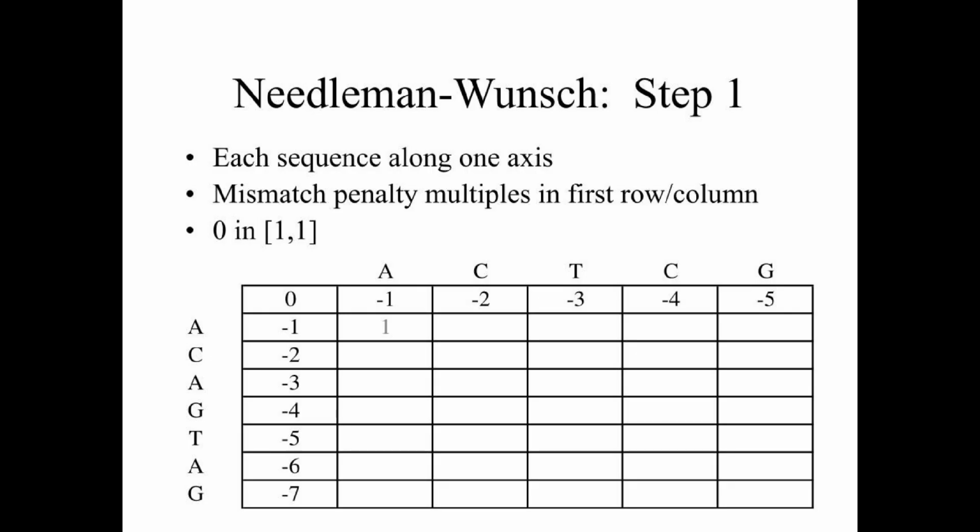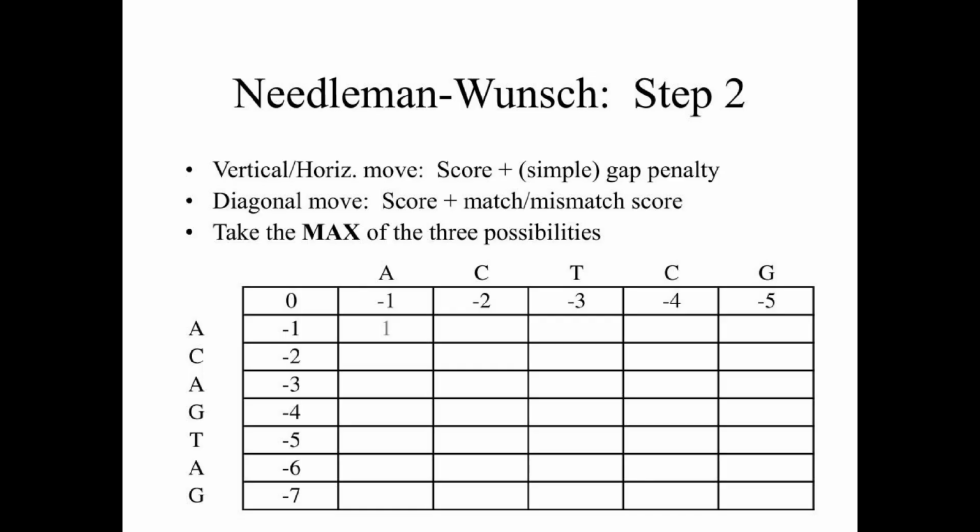If they are matching, that is A is matching with A, we provide 1. If it is mismatching, that is A is mismatching with C, we provide 0. So horizontally as well as vertically we move by providing the gap penalty, and for diagonal moves we provide the match or mismatch score.